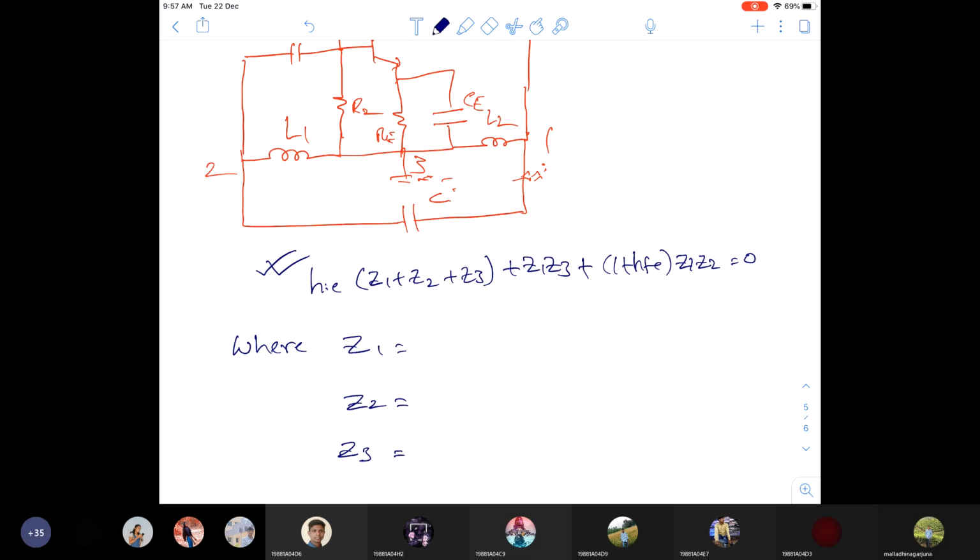Since there are two inductors, I'm taking Z1 as j omega into L1 plus M, where M is the mutual inductance. Next, Z2 is j omega into L2 plus M, mutual inductance. Z3 is the capacitor, 1 by j omega C. These are the Z1, Z2, Z3 values.